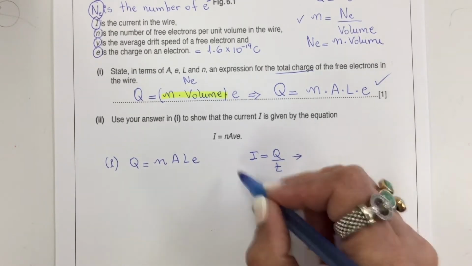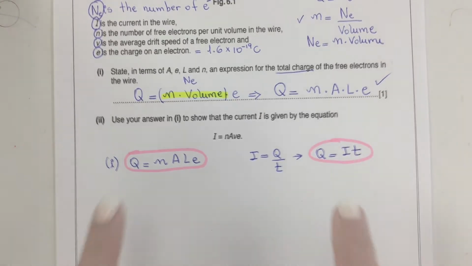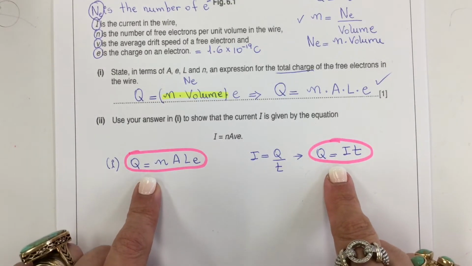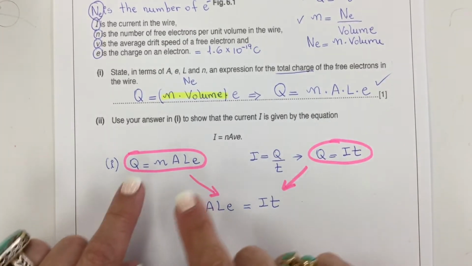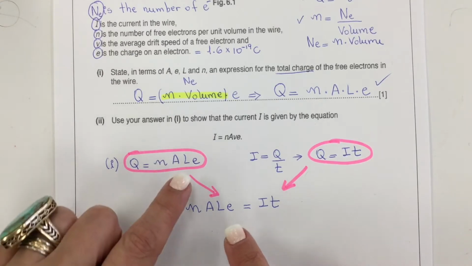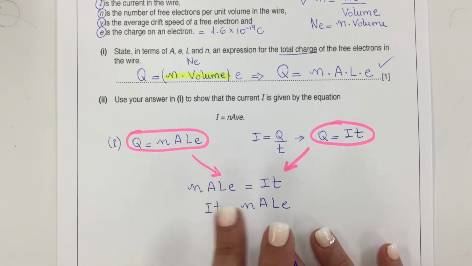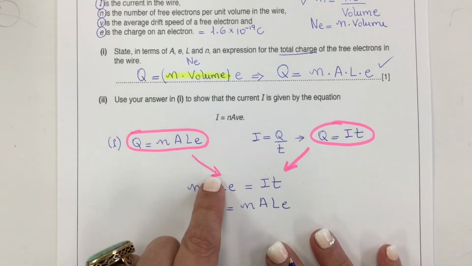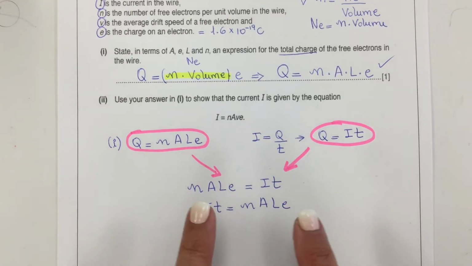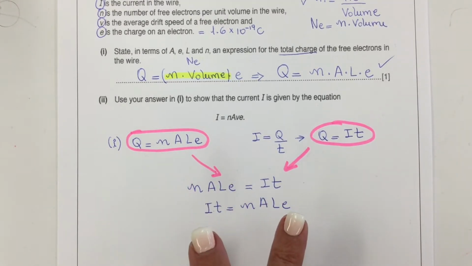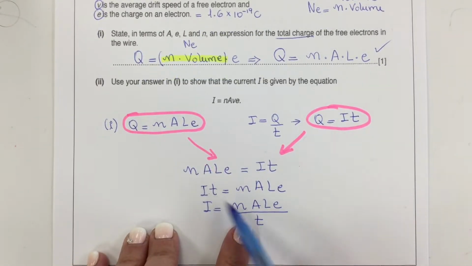I can rearrange this formula for charge, which is IT. Now I'm going to marry these two equations, which means that NALE is equal to IT. Now I'm going to flip this, so IT is equal to NALE. Don't get confused here, I'm just shifting position. Rearranged for I, it is NALE over T.